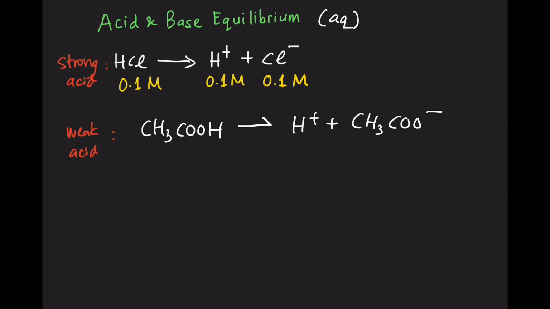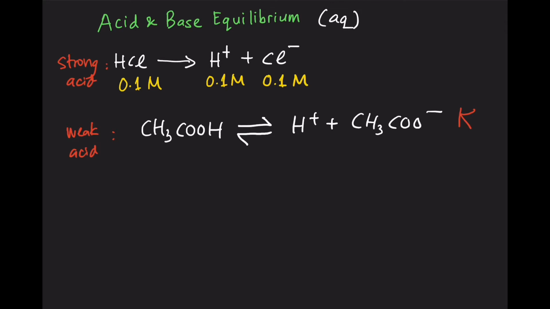But there is also a reaction going to the left side, where the H plus combines with CH3COO minus to result back in CH3COOH. And every time we have an equilibrium reaction like this, we will have the K or the constant, like this.